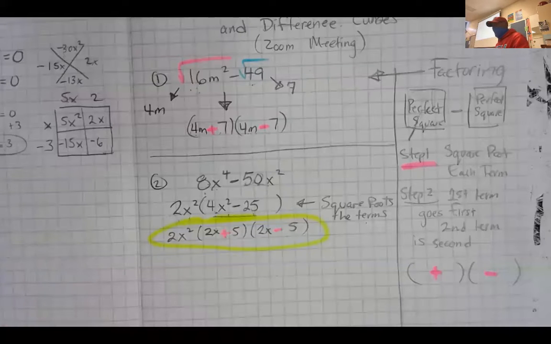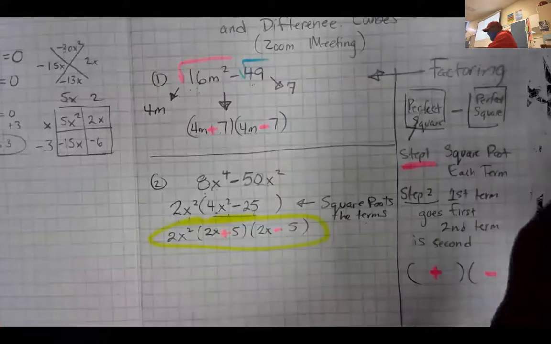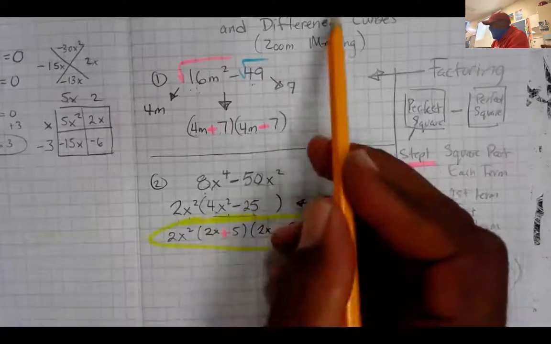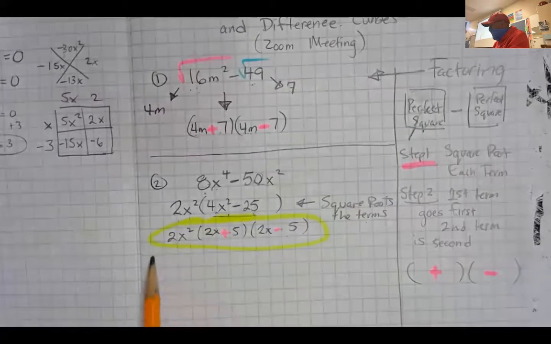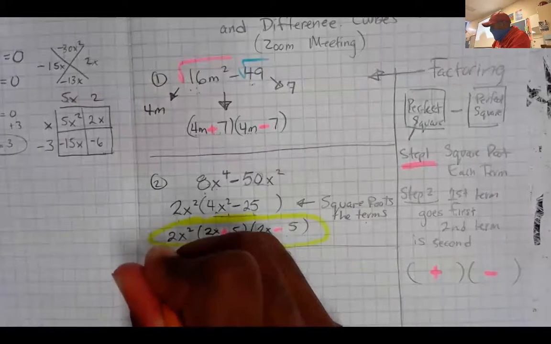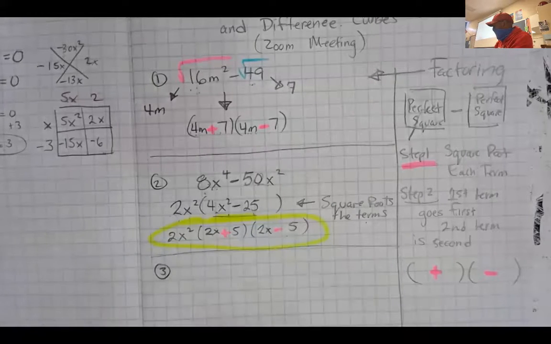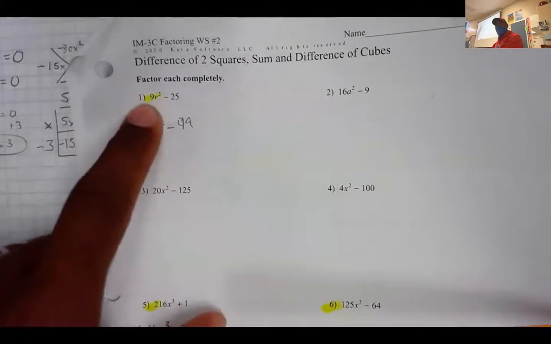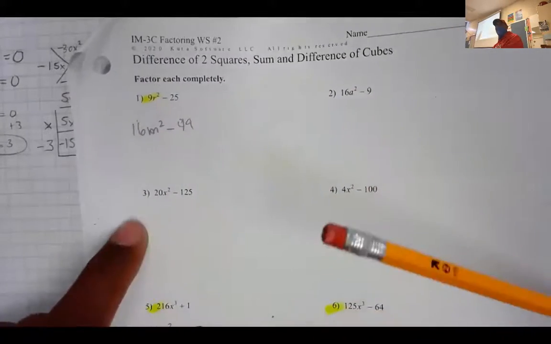Okay, so next example I want to look at is this differences of two squares, and the other one that you might see is, if I'm looking at the worksheet, that would be problem number 1, number 2.